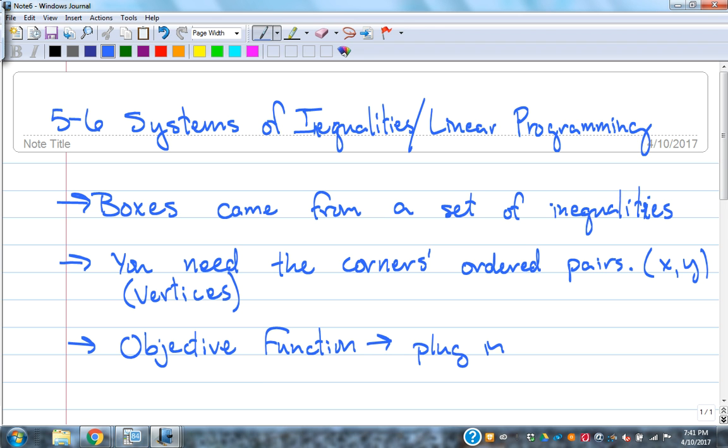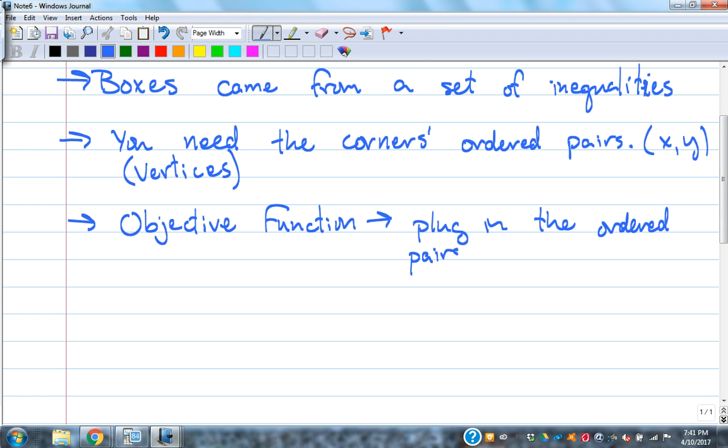Plug in the ordered pairs and find the maximum and minimum. Maximum, when you plug in the ordered pairs, you're looking for the biggest number. Minimum, you're looking for the smallest number. It's asking you to do both.